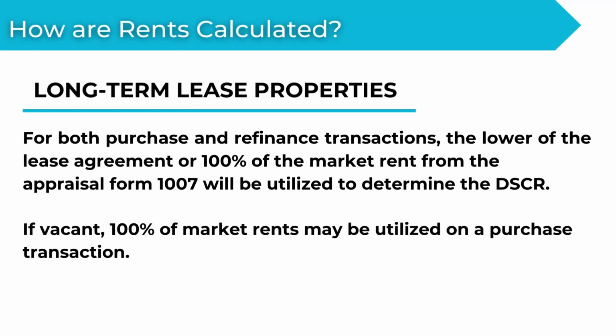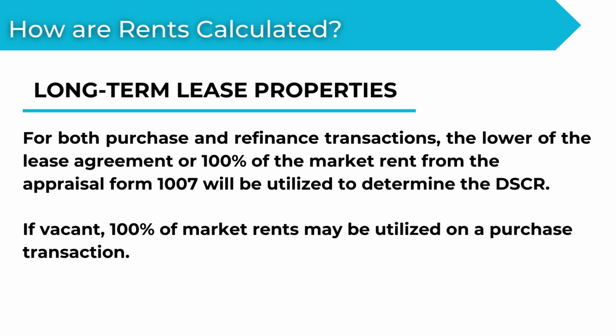Now, if it's going to be leased on a long-term basis for both purchase and refinance transactions, what the lender is going to use is the lower of the lease agreement or 100% of the market rent in most cases. And this comes from the Form 1007 that's done by the appraiser, and that's what they'll use to determine the DSCR.